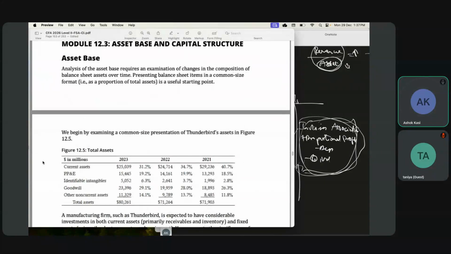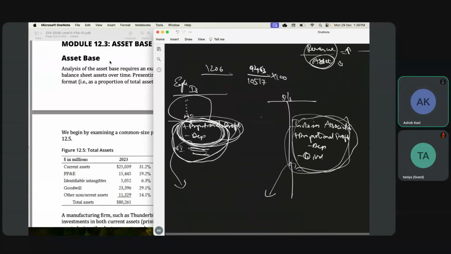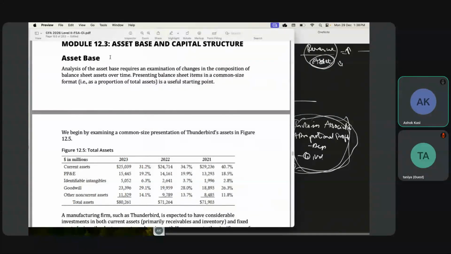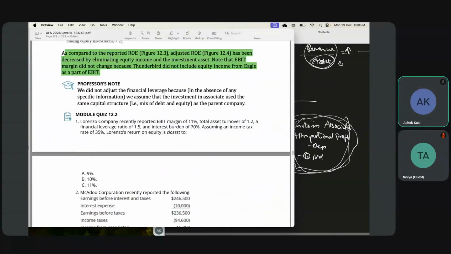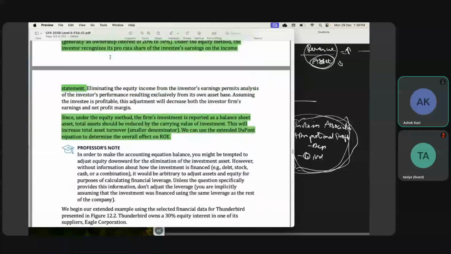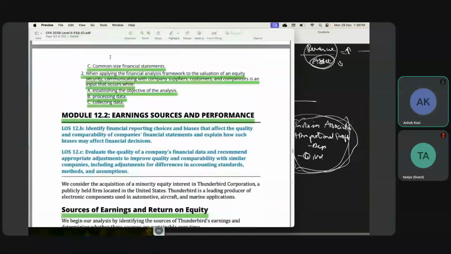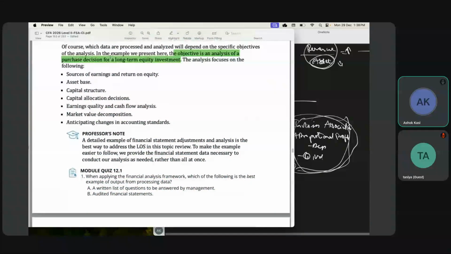Then next is asset base and capital structure.